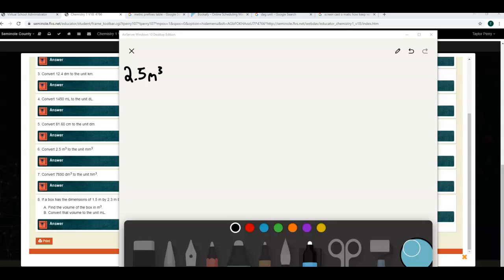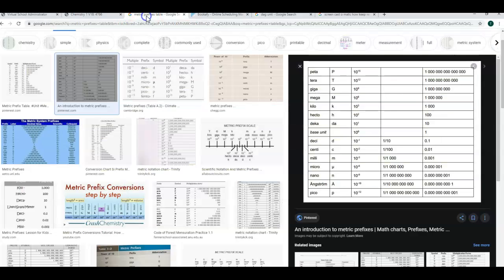First off, let's look at our conversion. I've got meters here, so I'm going to put meters down here, and I'm trying to convert to millimeters, so I'm going to put millimeters up here. And then let's look at our prefix table.